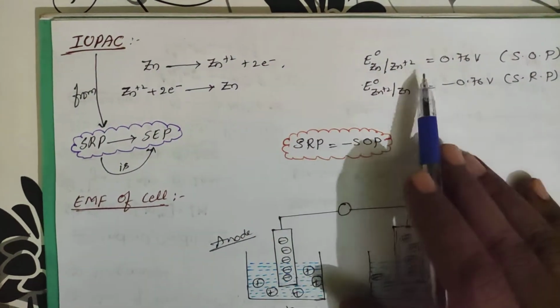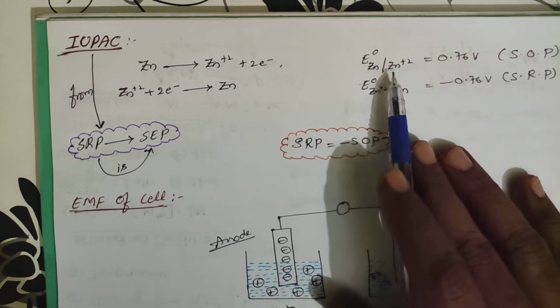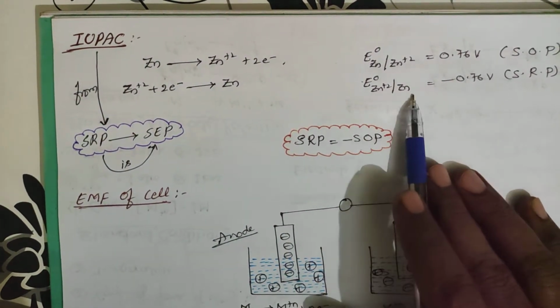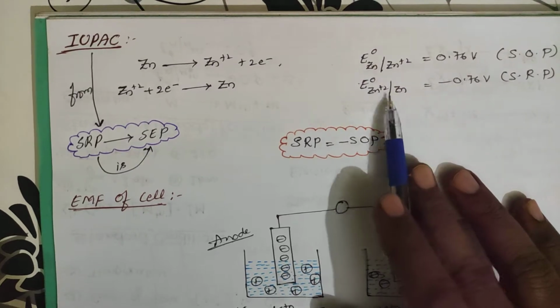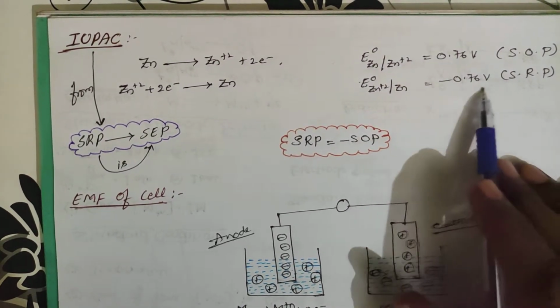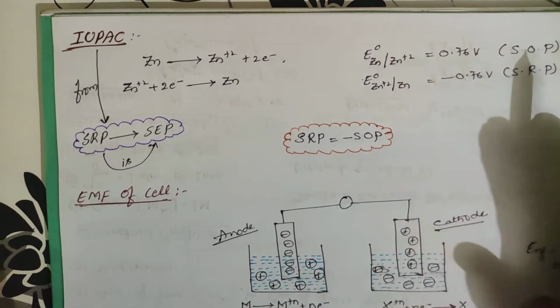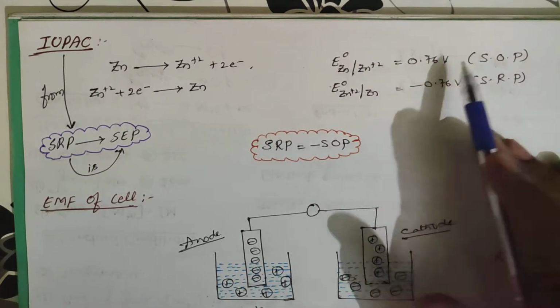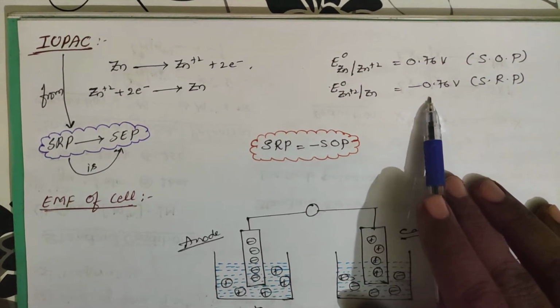If I write in the reverse condition, E naught only, instead of writing Zn to Zn plus 2 plus 2 electrons, Zn plus 2 to Zn means it is undergoing reduction. Whatever value you get for oxidation, the same value will be there, but with the negative sign. So if you want the same value as reduction potential, you will have minus 0.76.